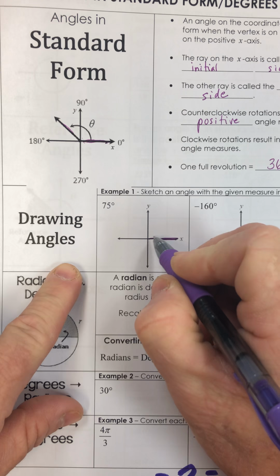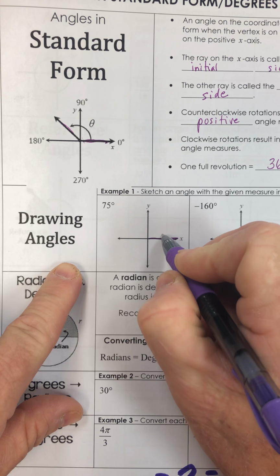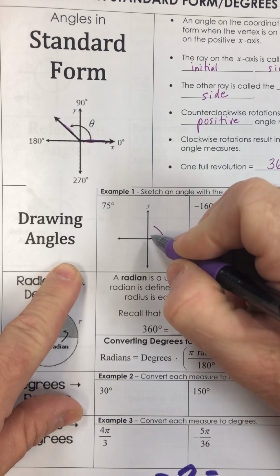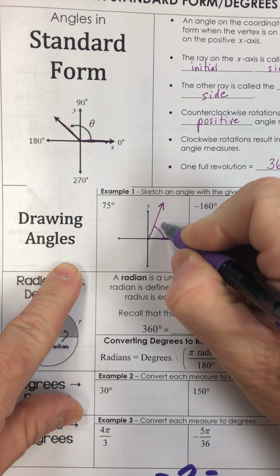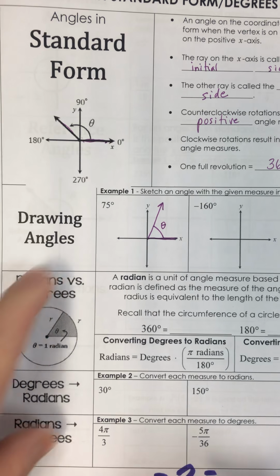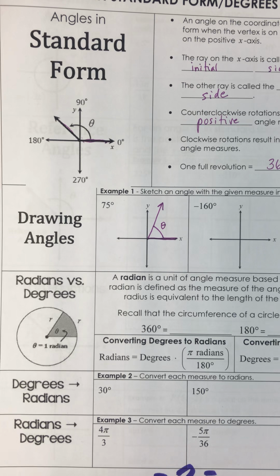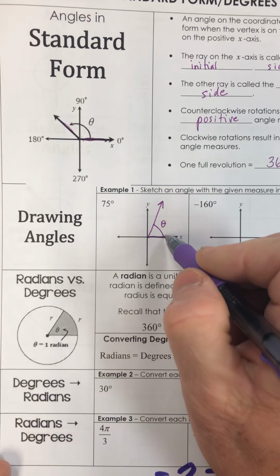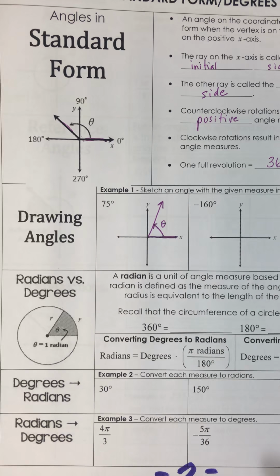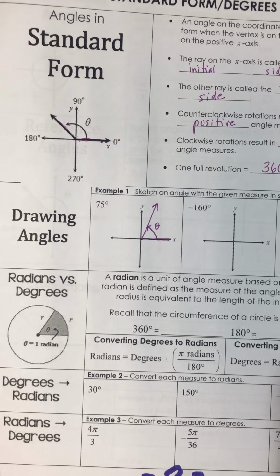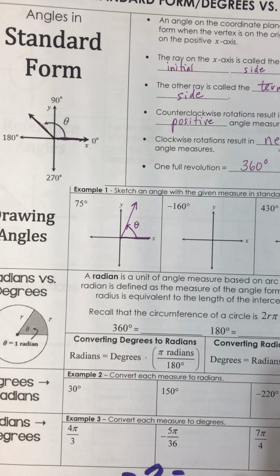So about right to there, roughly, and then we draw the terminal side. There's my angle, and we'll label it theta, just to reference that angle. We know it's 75 degrees because we just drew it. If you wanted to be more accurate, you could pull out a measuring tool, but this is just kind of how we're going to draw angles.